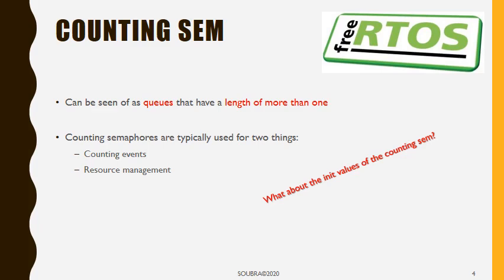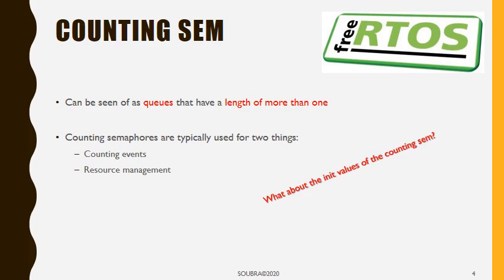This brings us to a particular question that one might ask themselves: what is the initial value of the counting semaphore? Well, there's no general rule. The idea is to see if we're gonna use them to count events, external events for instance, or we're gonna use them for resource management.